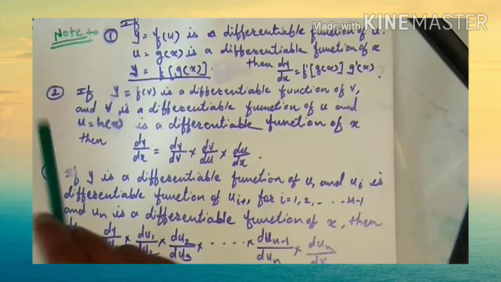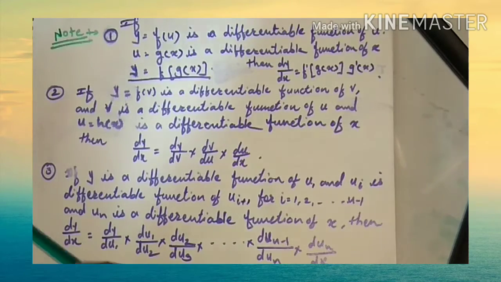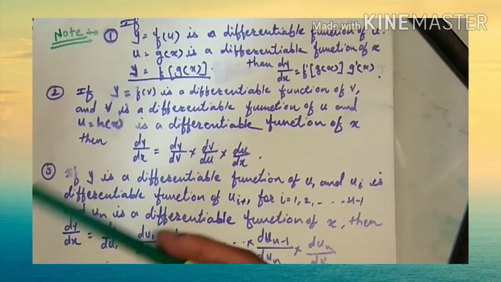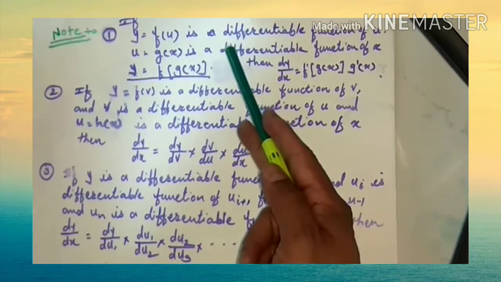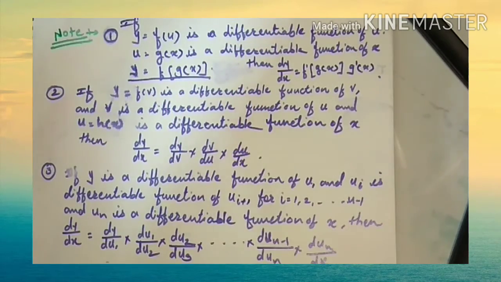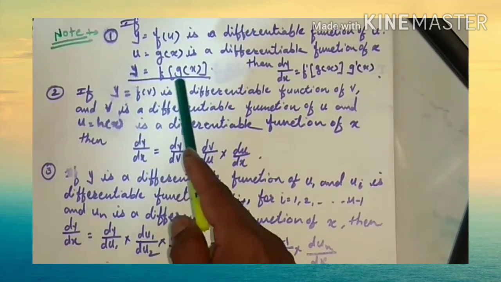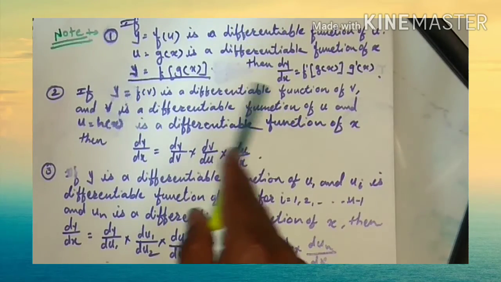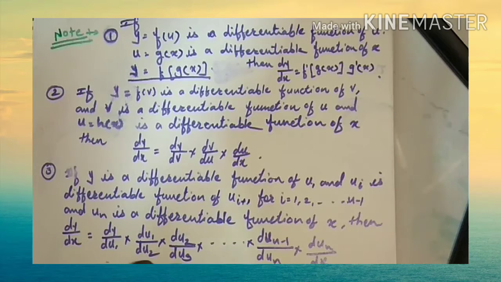This is the second point. Now for the third point, n functions involved in a composite function. Here only two functions were involved, f and g. Then three functions were involved, f, g, and h. What will happen if there are n functions involved in the scenario?